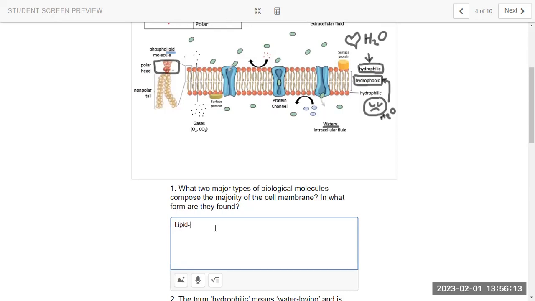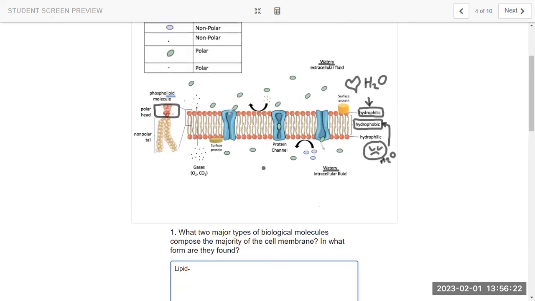What is a lipid anyway? Anybody knows? Drop that in the chat. What is a lipid? What's that? What's a lipid? Lipid. What's that? There you go.